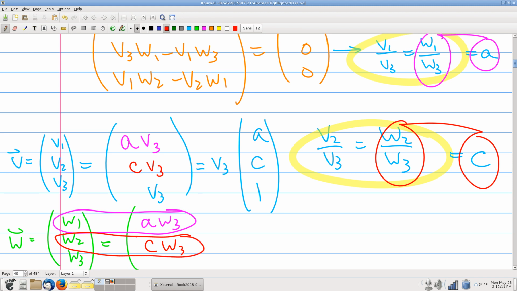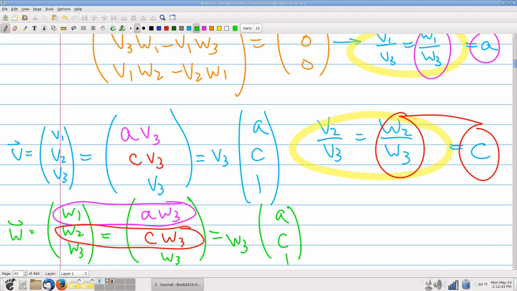Same trick, and of course W3 is still just W3. What we've got here is just a different multiple, W3 instead of V3, of the exact same vector (A, C, 1). Is that cool? Is everybody good so far?